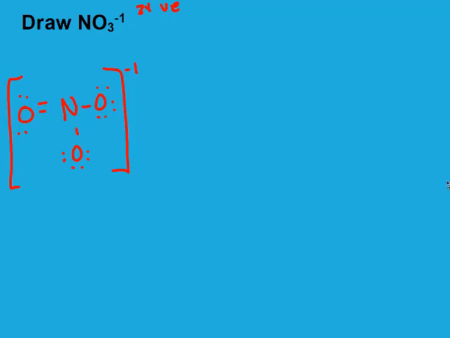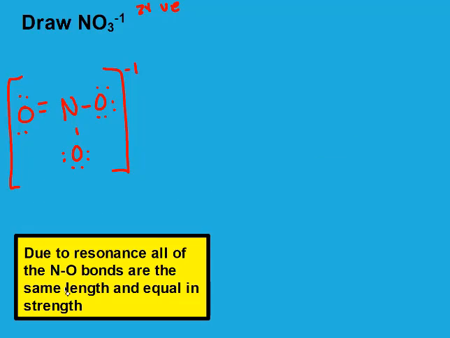When they measure the bond lengths, due to resonance, all of the NO bonds are the exact same length and they're all exactly the same strength. They're between a single and a double bond, because that's not the structure that exists, it's a hybrid of all of the resonance structures.